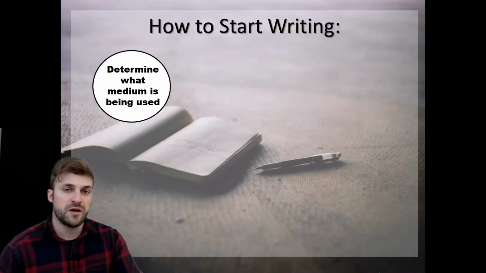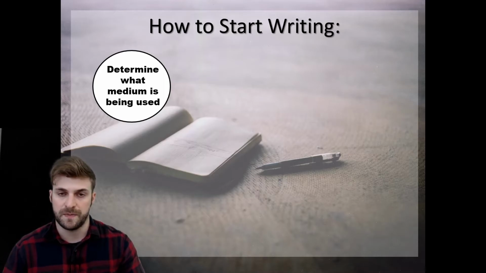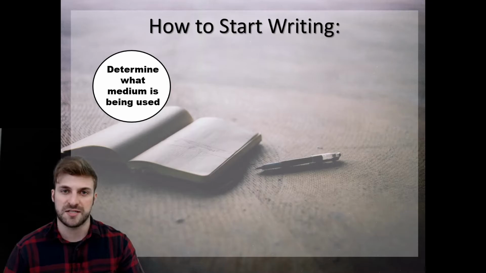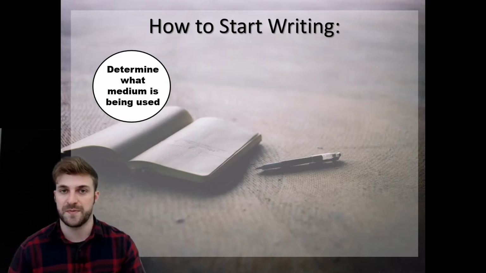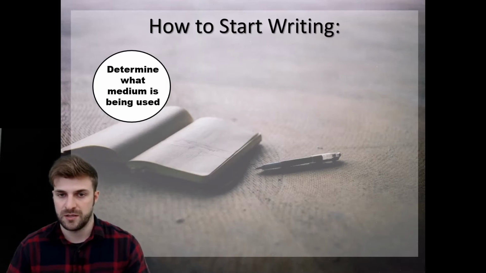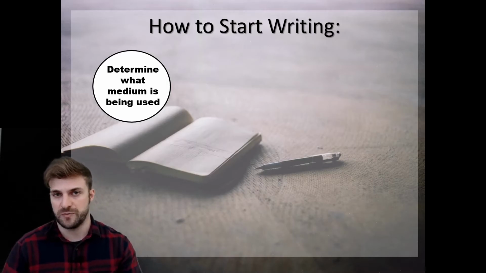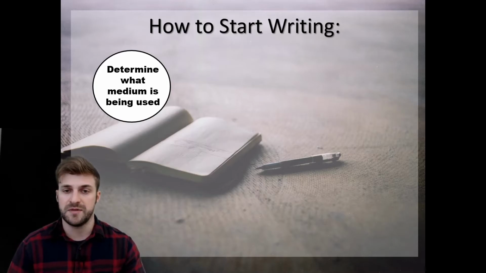So when we are trying to figure out how to construct our writing, it's easy to get kind of lost and sidetracked. There might be a lot of information, or perhaps you don't know where to start. So first, we have to determine which medium is being used. Now, the medium is just the type of writing that you'll be doing.